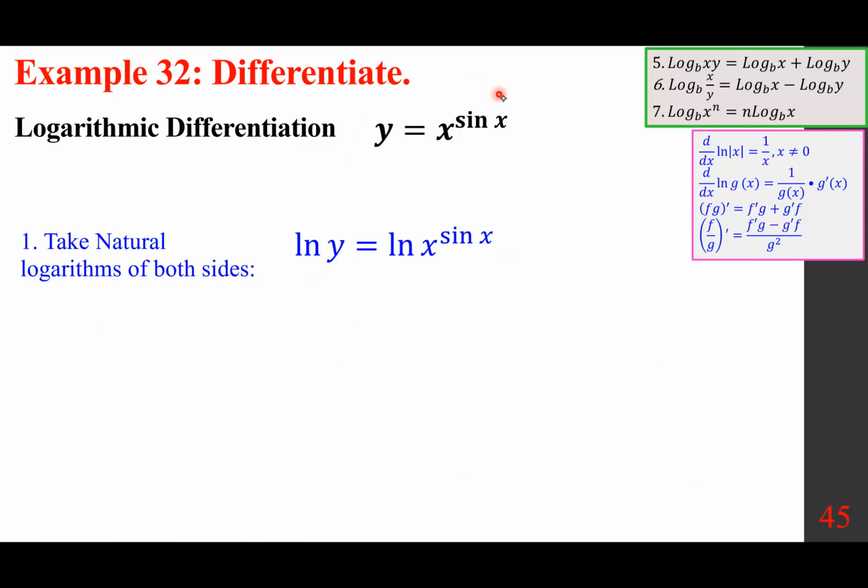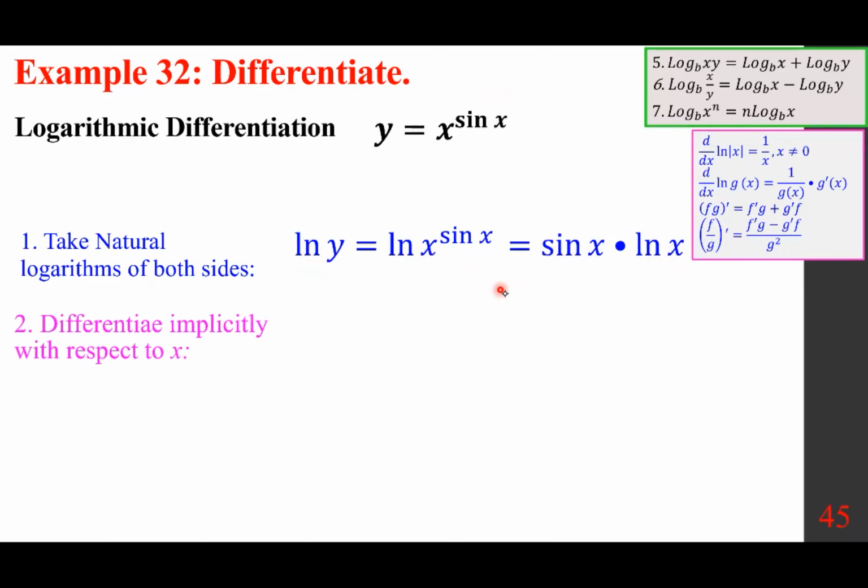When you do that, this sine x sits in front according to the power rule. So you're looking at the product rule, the sine times ln. So we are going to take the derivative with respect to x implicitly. As you know, ln y gives you 1 over y times y prime.